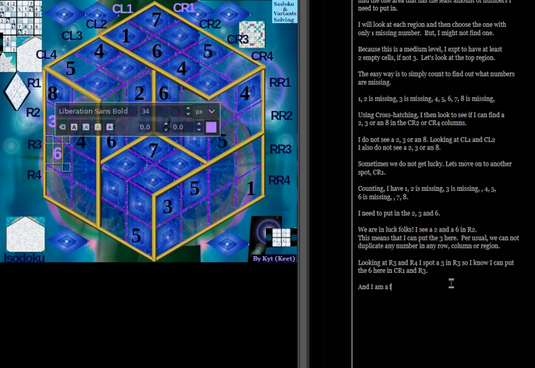And I am a fool because we need to put in the 2 and the 6. I did not find a 2 or a 6 in either row, so this 6 can not go here yet. See, even I can be silly.